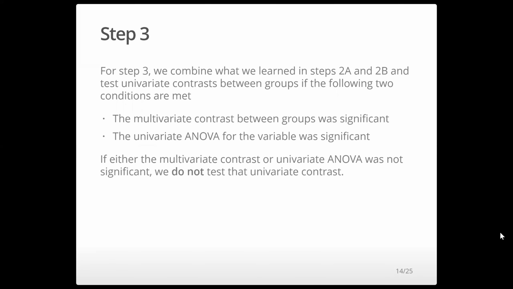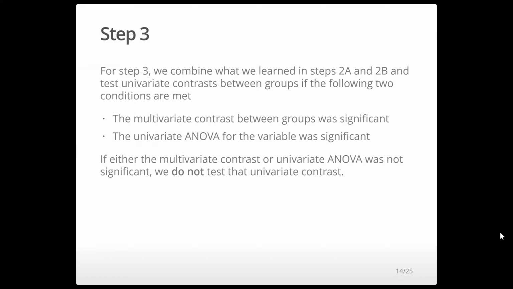So for step 3, we're going to combine what we learned in step 2A and step 2B, and we're going to test univariate contrasts. We're only going to do this in cases where the multivariate contrast was significant and in the cases where the univariate ANOVA was significant. So if there was a multivariate contrast between different groups that was not significant, I'm not going to test that pairwise comparison in my univariate ANOVA.